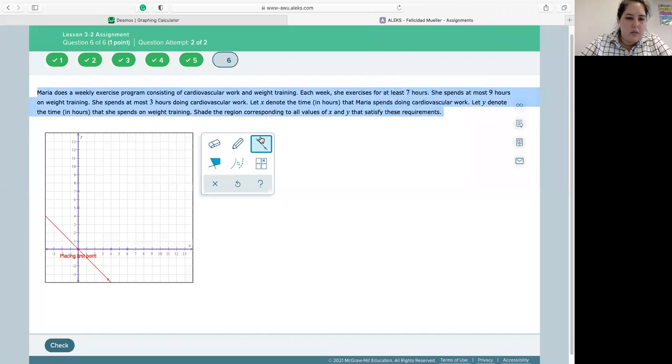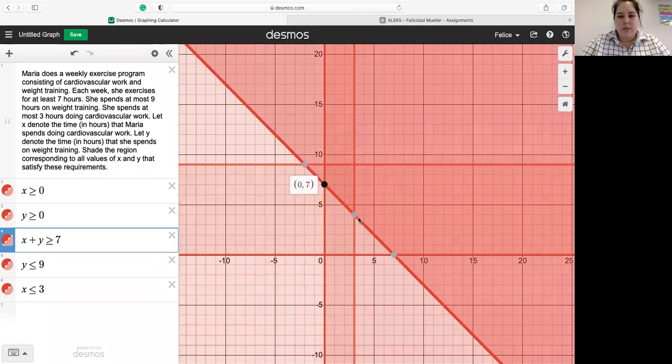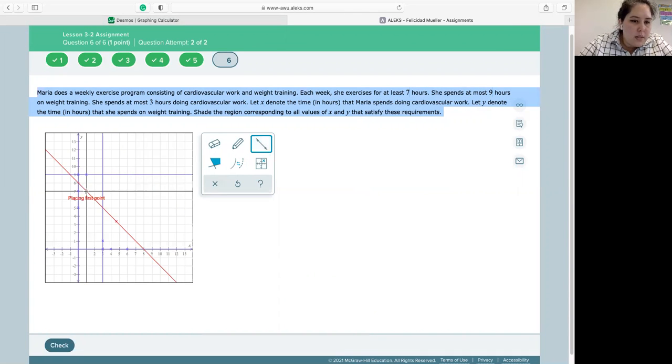9. And we have 3. And then X plus Y is 7. So for my diagonal, 0, 7, and 7, 0.